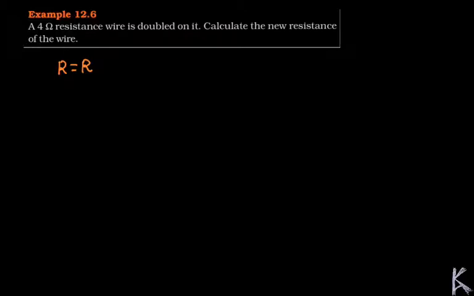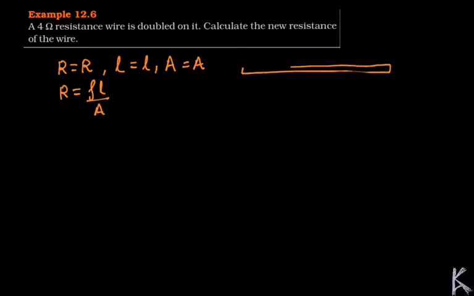Let the initial resistance be R, the length be L, and the area be A. We already know that R is equal to rho L by A. Doubled on itself means, if this is the wire of length L, then when we double it, the length will become half and the area will become double.